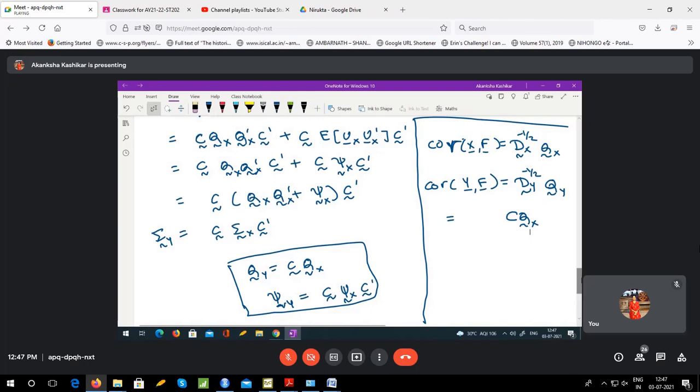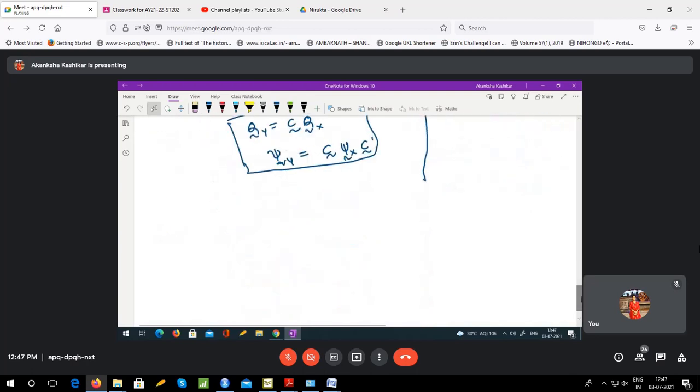Is the question clear? What is the relationship between dy and dx if y is equal to cx? It is dy is equal to c square into dx.